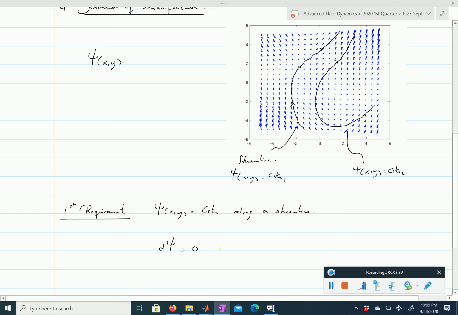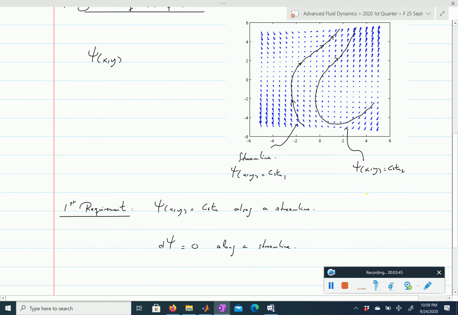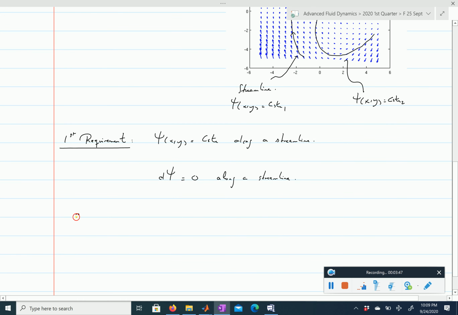So we have d psi equals 0 along a streamline. Now remember the formula for the total differential. Psi is a function of two independent variables, so d psi is equal to partial psi partial x times the differential of x plus partial psi partial y times dy. This is again the total differential of psi.